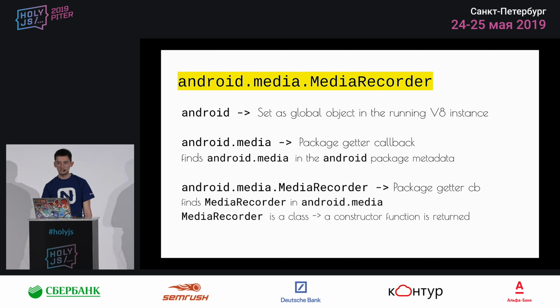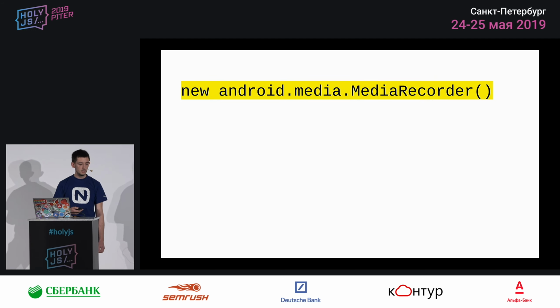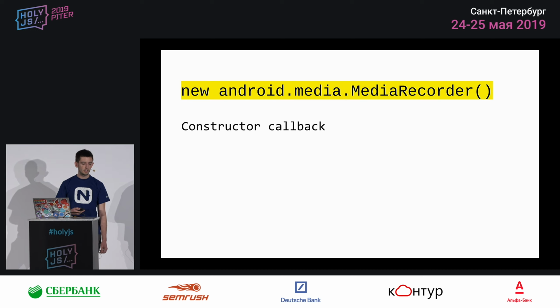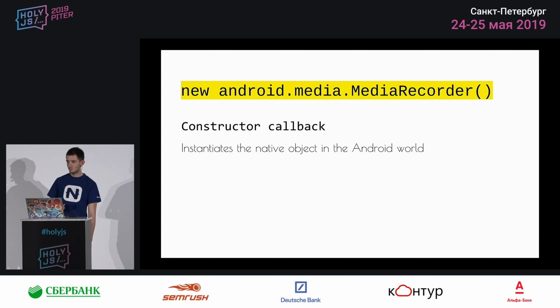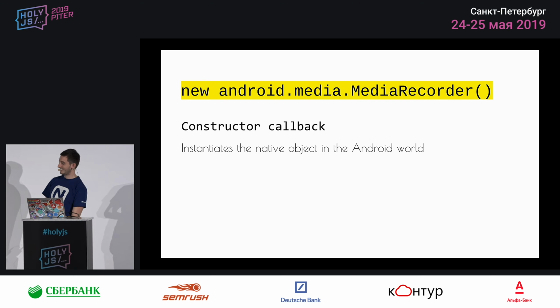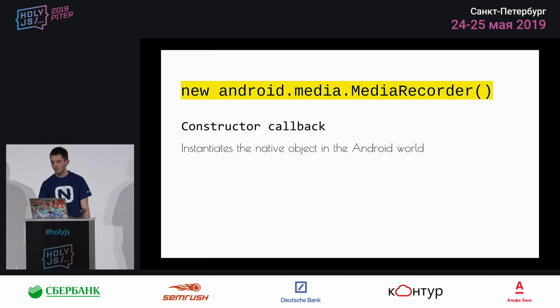It's not a package. So we return a special constructor function. What is interesting about it is that it has a constructor callback. When somebody accesses this constructor function, the execution is delegated to NativeScript. It then instantiates the native object in the Android world.